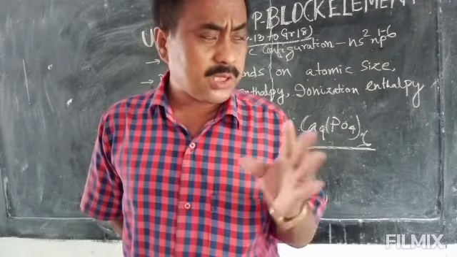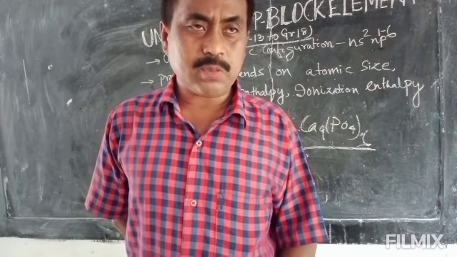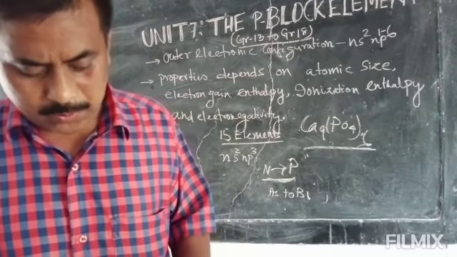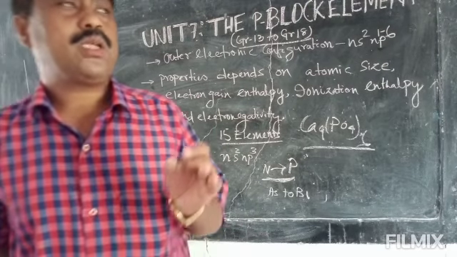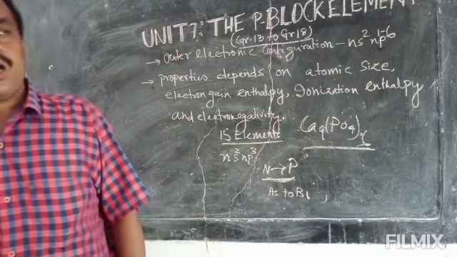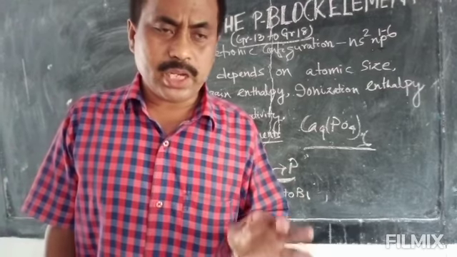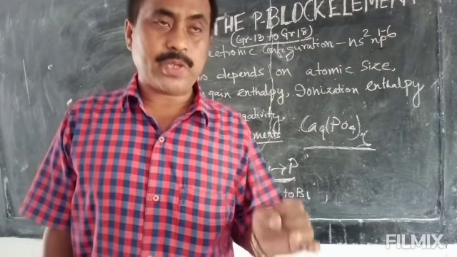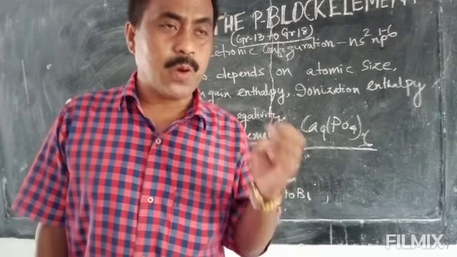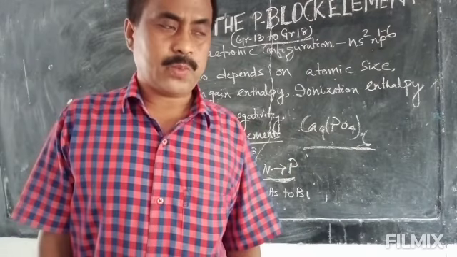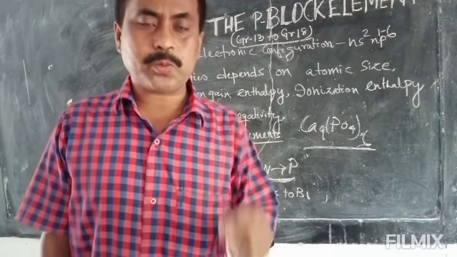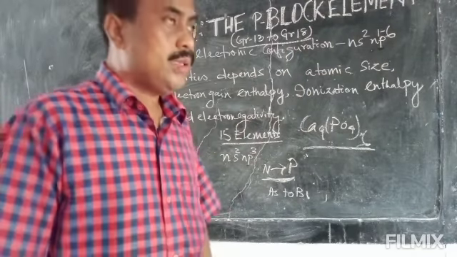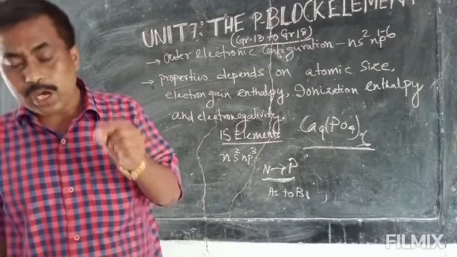If atomic size is smaller, as we know for the lighter members, then the force of attraction between the outermost electron and the nucleus is very high. So in order to remove electrons from that high force of attraction, we require higher energy. Due to that, the lighter members have higher ionization enthalpy.